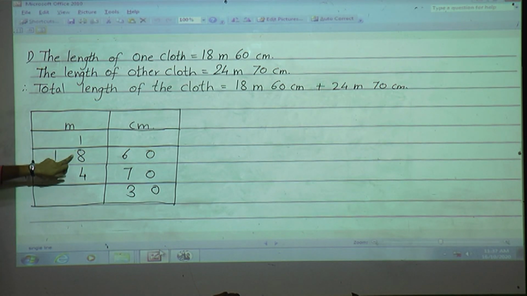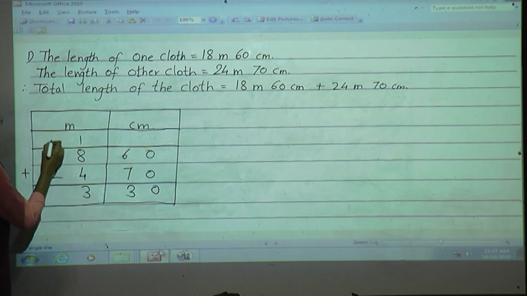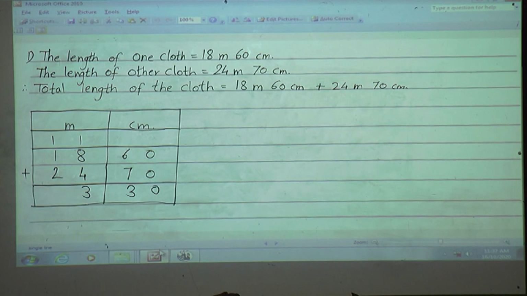So 1 plus 8, 9, 9 plus 4. Now after 9 you have to count your 4 fingers. So 9 plus 4, 13. So here we will write 3 and we will give 1 as a carry to the next place. Then see this column, 1 plus 1, 2, 2 plus 2, 4. So what is the answer? 43 meter and 30 centimeter.